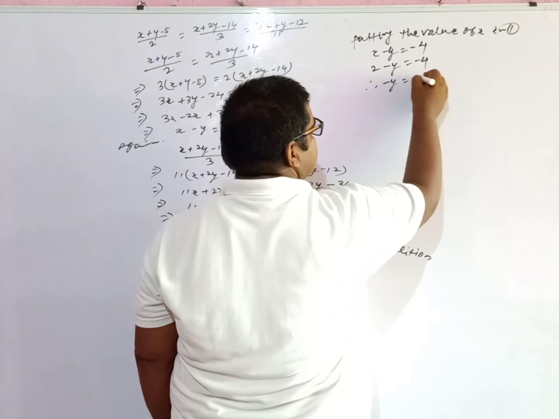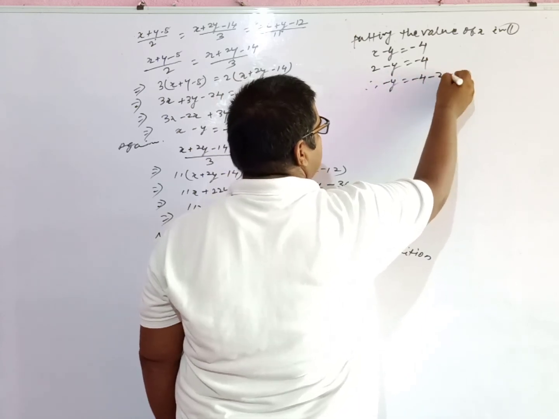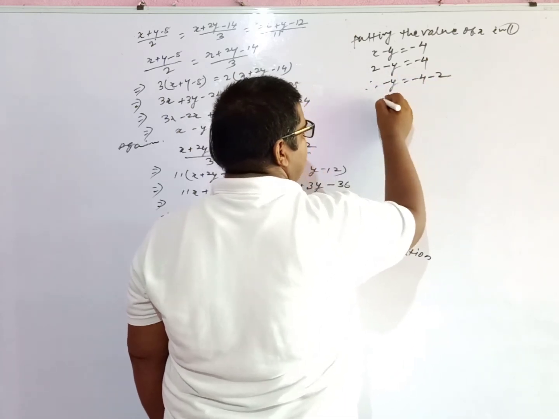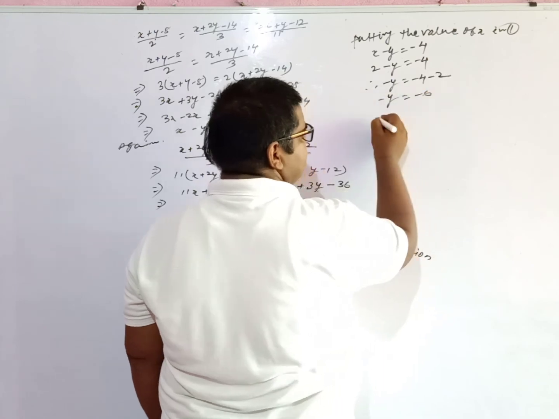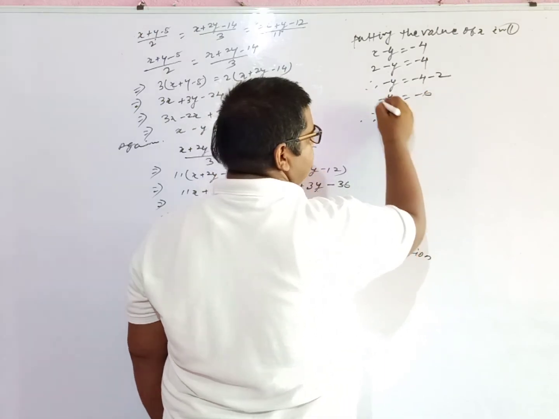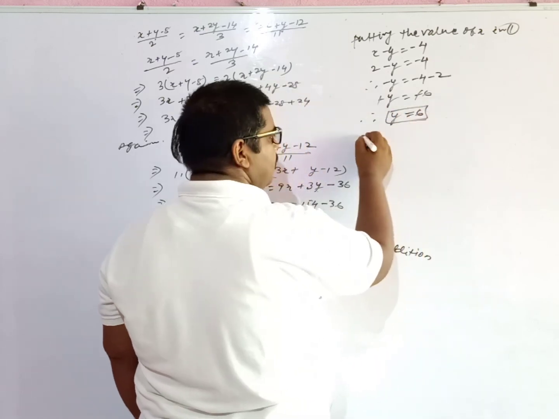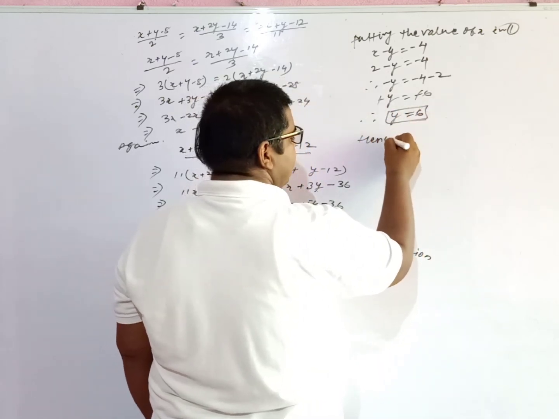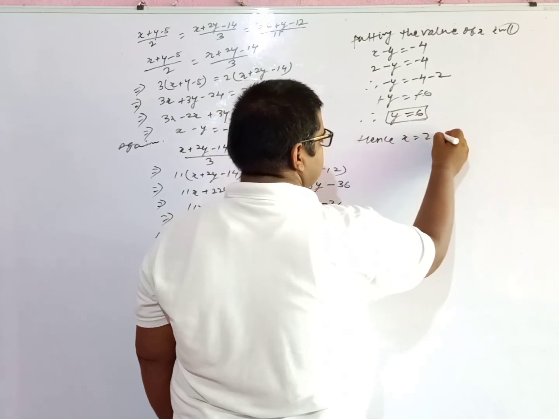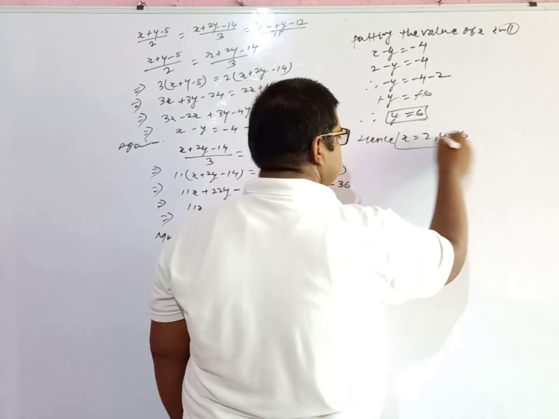Therefore minus y is equal to minus 4 minus 2, and minus y is equal to minus 6. Minus minus cancel, y is equal to 6, and therefore you can write x is equal to 2 and y is equal to 6.